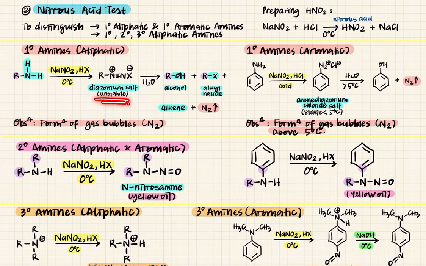Okay, and then when you treat it with water, you will get alcohol, alkyl halide, alkene, and nitrogen gas liberated. So for aliphatic primary amines, your observation will be formation of gas bubbles, that is nitrogen gas. So where does the N2 come from? From here.